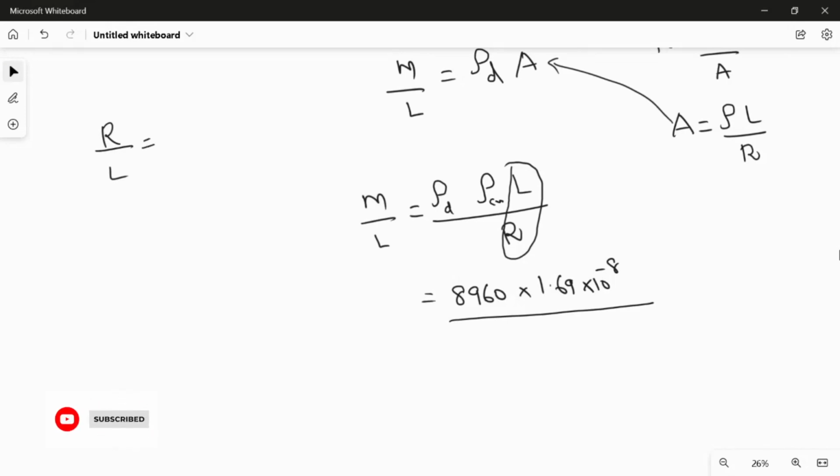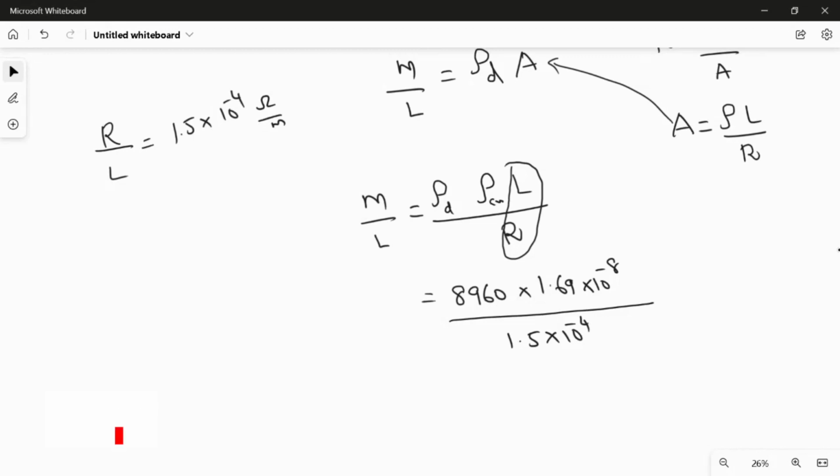because R over L we got the answer as 1.5 multiply 10 power minus 4 ohm per meter, right? But here if you want to use this value, it's the inverse value, right? Why? Because here we have L over R. R over L takes the value of 1.5 multiply 10 power minus 4.